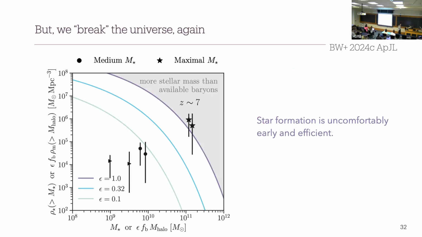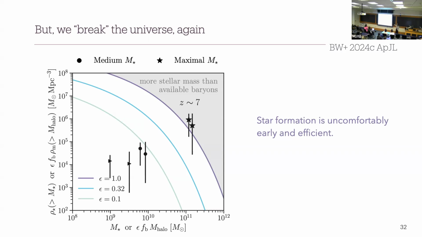I will just emphasize perhaps one of the most critical ones. That is, the inferred star formation histories, assuming a pure galaxy-like scenario, are uncomfortably early and efficient. If you're not familiar with those epsilon plots, all we care about is this purple line. This is the stringent theoretical upper limit, meaning all the baryons in the early halos are converted into stars.